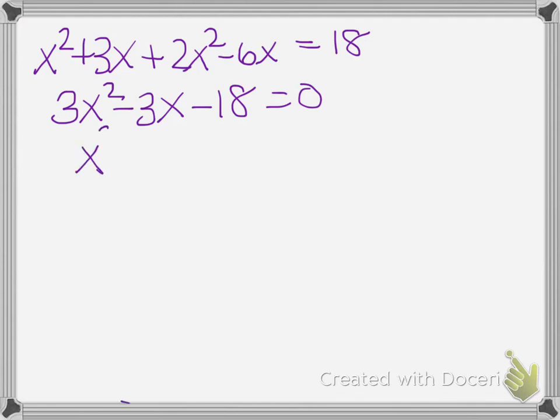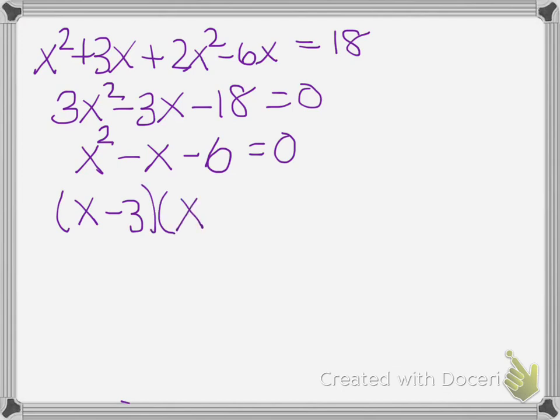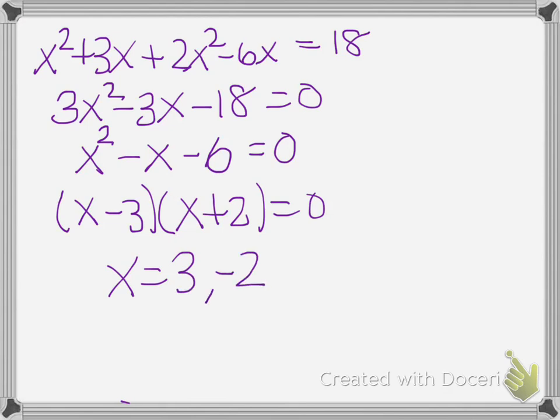You can factor it out and then divide by it, but in reality, 18 got moved to the other side to make it equal to 0, and when you factor out the 3, 0 divided by 3 is still going to be 0. And we factor again, x minus 3, x plus 2, so we get an answer of 3 and negative 2.